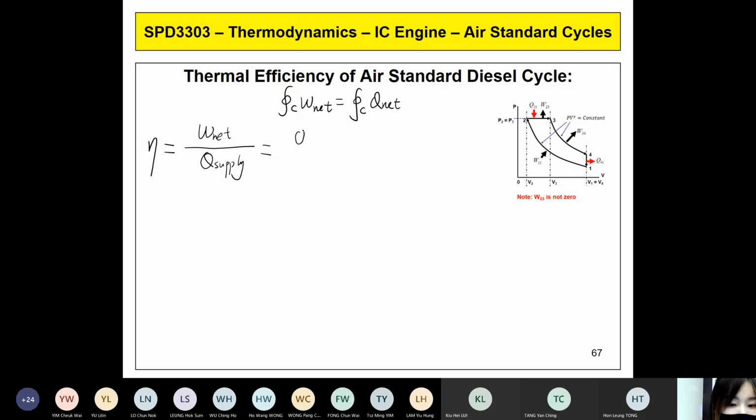So what we have here is the thermal efficiency equals the net heat supply divided by the heat supply. What is it? It should be the sum of your heat supply and heat rejection.